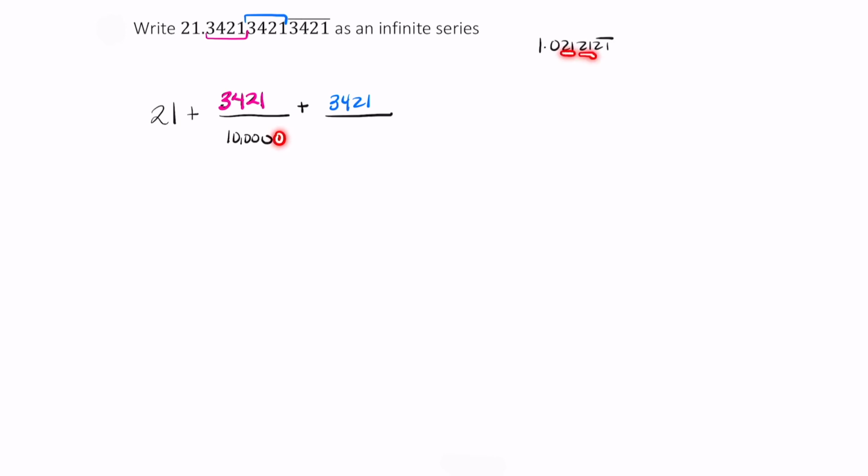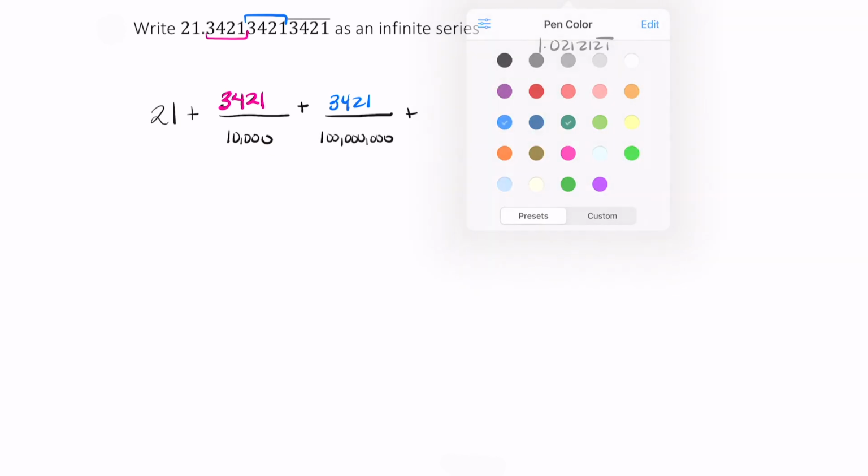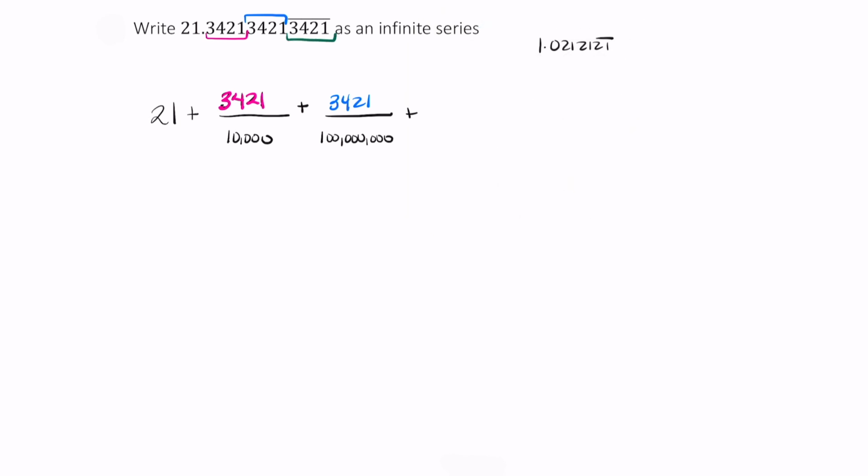So we basically added 2 zeros here to the end of the previous number for the new denominator. Here we repeat every 1, 2, 3, 4 digits. So let's see, how many zeros do we have? 1, 2, 3, 4. Now we want 8 zeros. Okay, let's do this one last time. For this 3, 4, 2, 1, we now want 12 zeros.